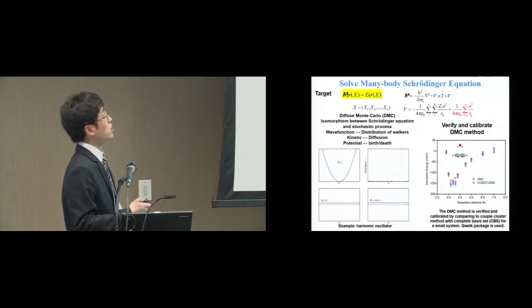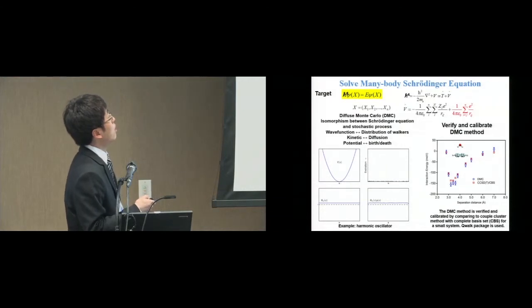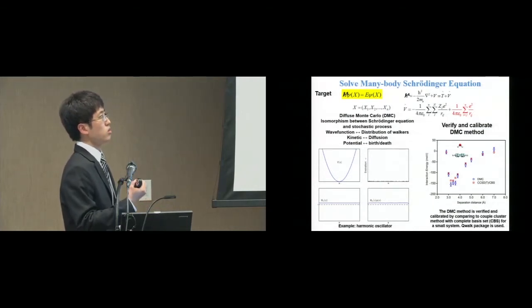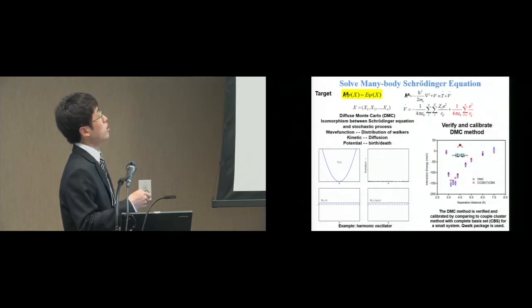You can consider this as solving a very high-dimensional partial differential equation. The psi here is a wave function, related to the probability of finding electrons at some positions, and E is the energy of the system. That's the quantity we are trying to find from our calculations.